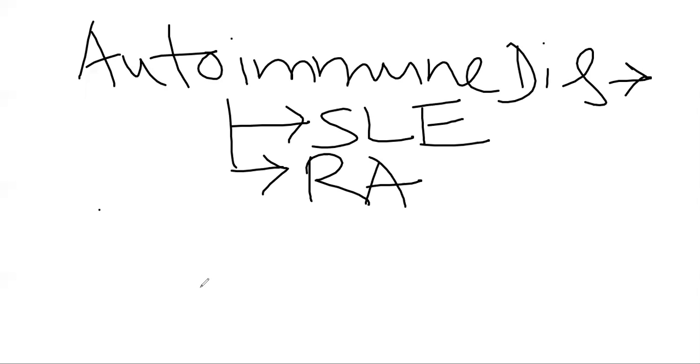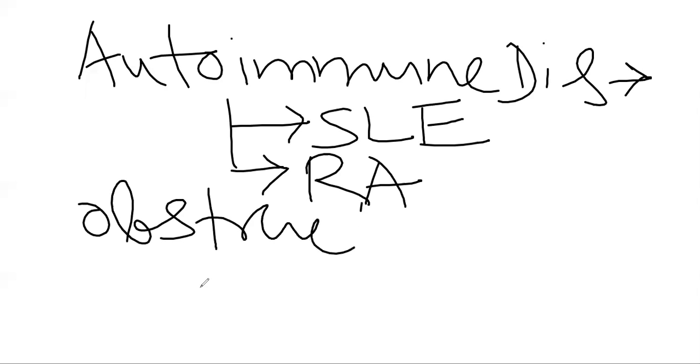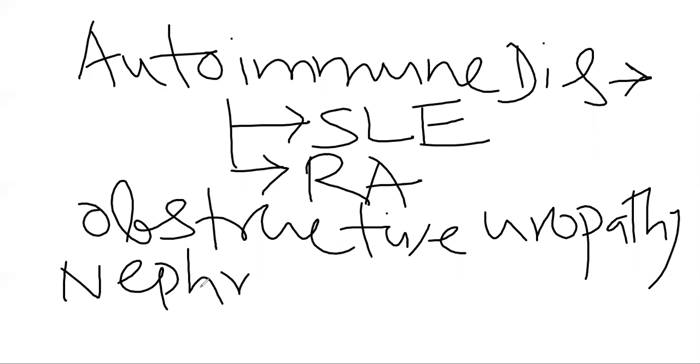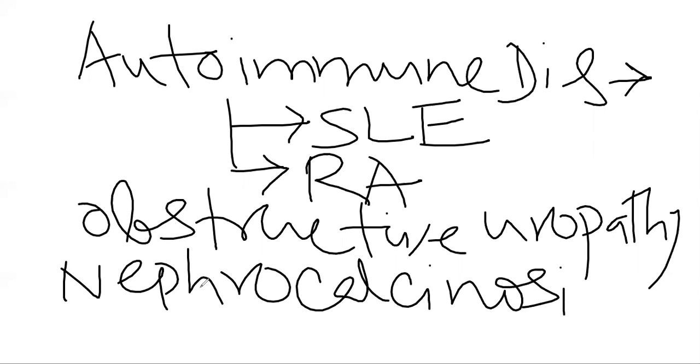It can be due to obstructive uropathy also, or it can be due to nephrocalcinosis. So these are the causes for the occurrence of type 1 renal tubular acidosis.